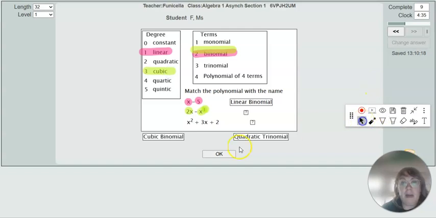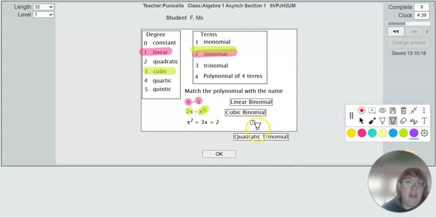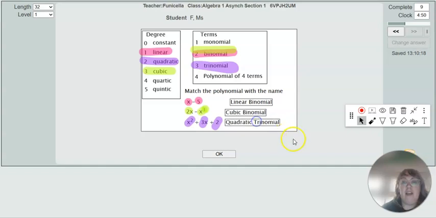So it's a cubic binomial. And then lastly, we have three terms. It's trinomial. And our biggest exponent is a 2. So it's a quadratic trinomial. So make sure to match all three of those. And when you're all set, hit OK.